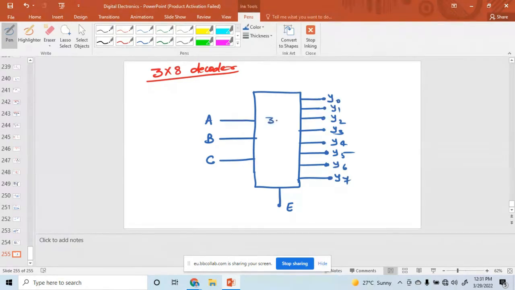So this one is a 3 to 8 decoder. Is that clear?